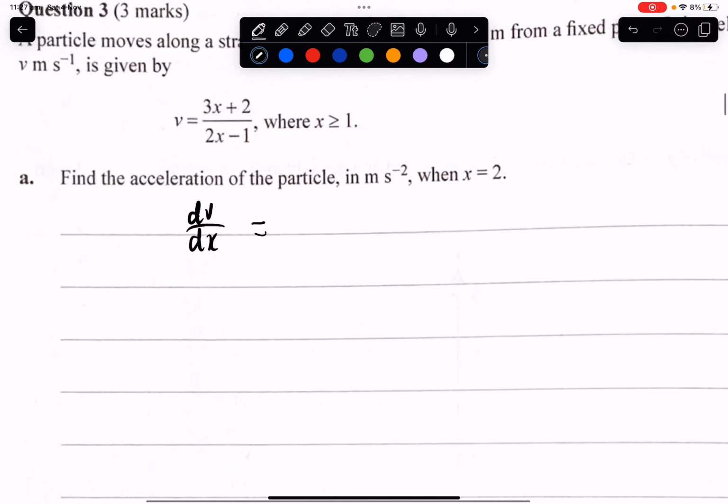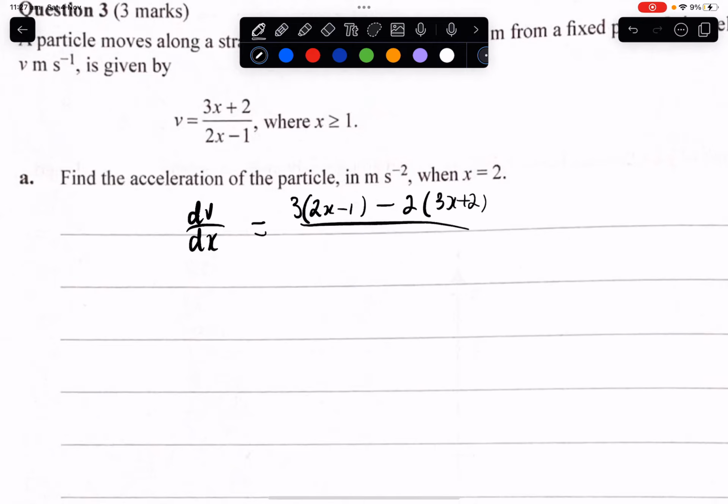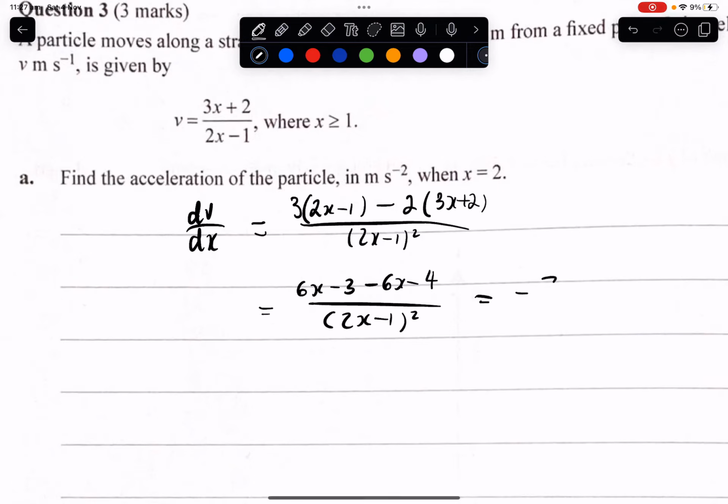Now that's v, 2x minus 1 times by u dash, which is 3, minus v dash u, or 2 times 3x plus 2, all over v squared. And that's equal to 6x minus 3 minus 6x minus 4 over 2x minus 1 squared, which is negative 7 on 2x minus 1 squared.